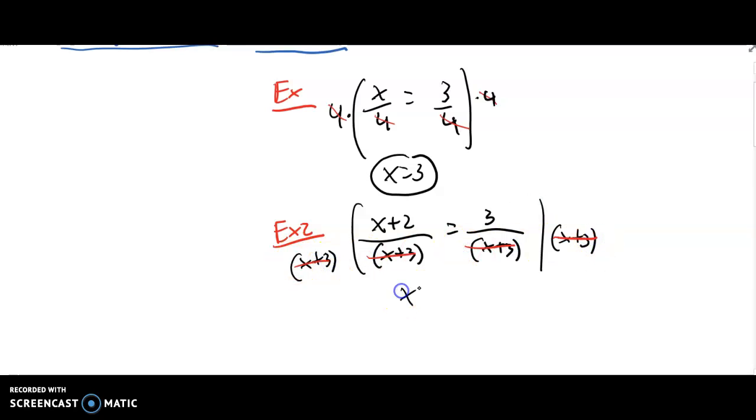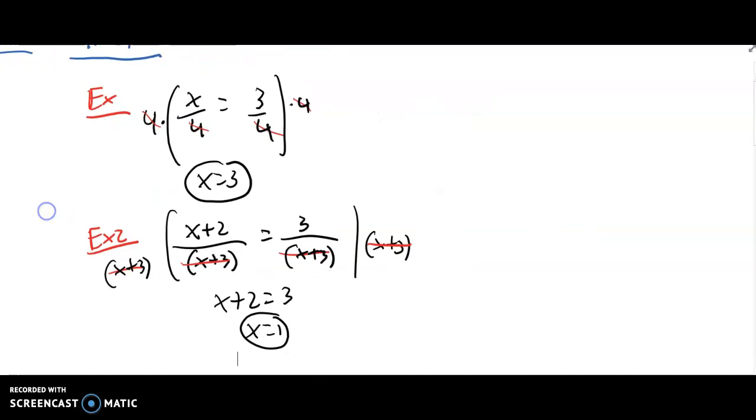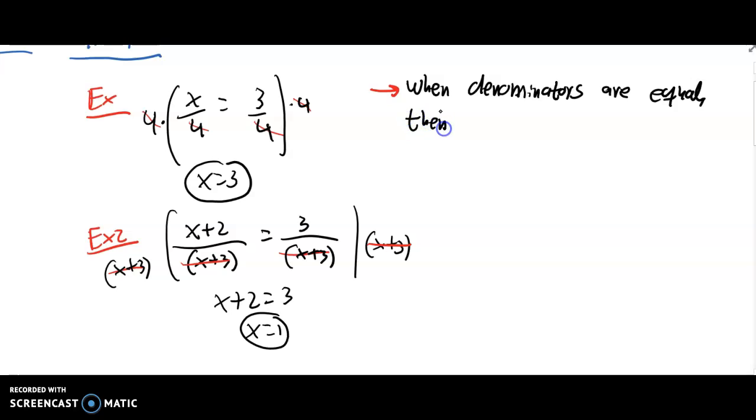And we get x plus 2 equals 3, minus the 2, so x is 1. So basically, what I'm trying to say with all this is that when denominators are equal, we should write this on our note, then numerators are also equal because we can just multiply and cancel out the denominators.